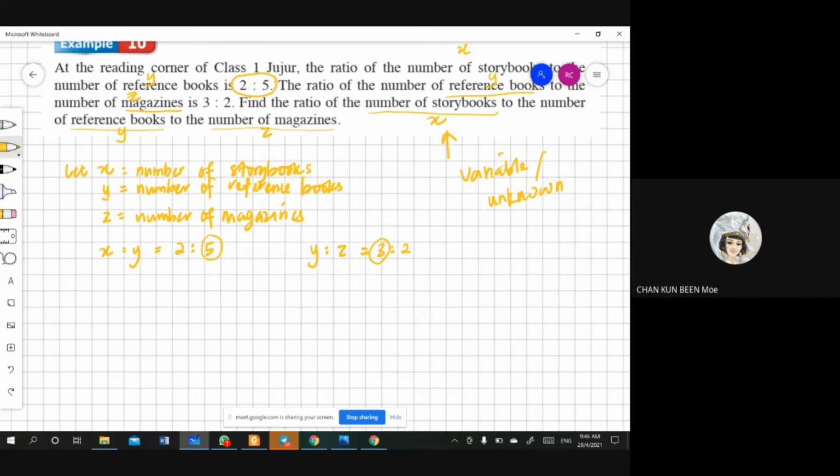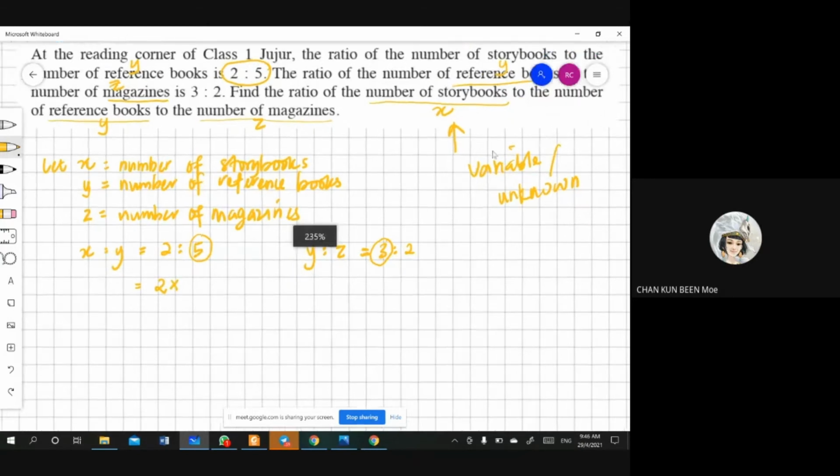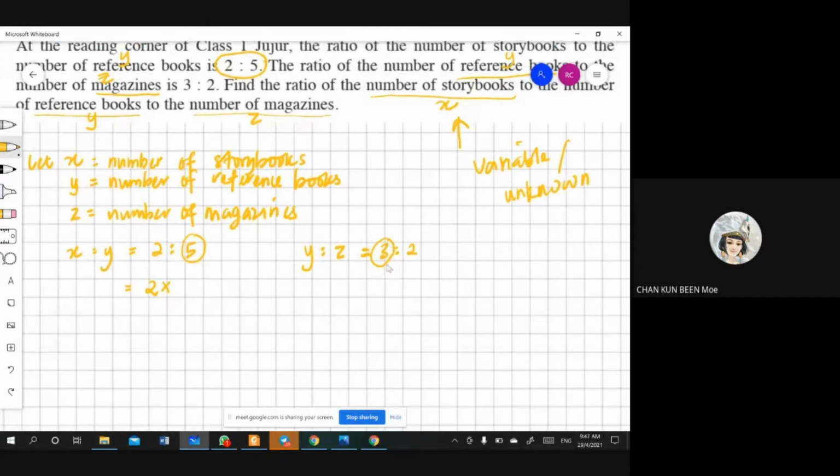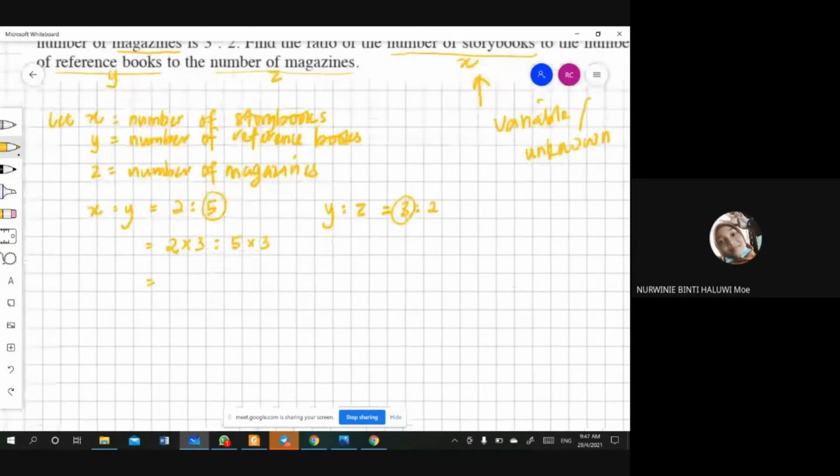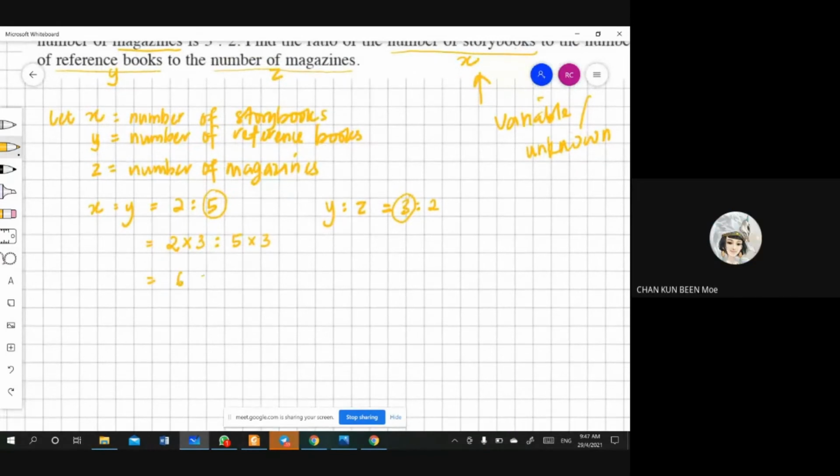Okay, so I'm going to continue the working down here. You need to show this. Like I said just now, I'm going to multiply it by which one? 3, right? So 2 times 3, 5 times 3. Okay. 2 times 3 equal to what? 6. Very good. What about 5 times 3? 15. Yes.